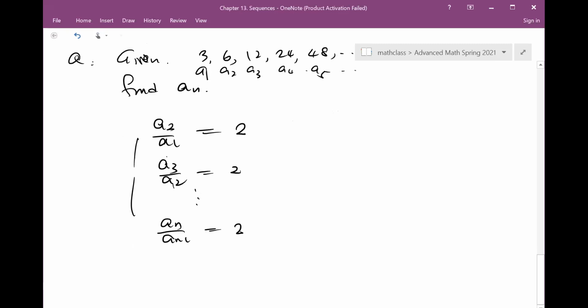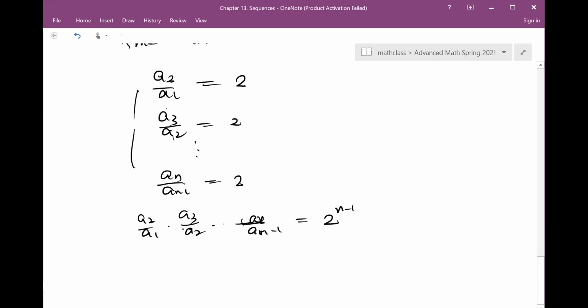And you can repeat the same idea. You can use the formula already, but otherwise you multiply them out, right? And you have N minus 1 equations. Okay. So all those cancel out. What is left is AN, and the first term is what?